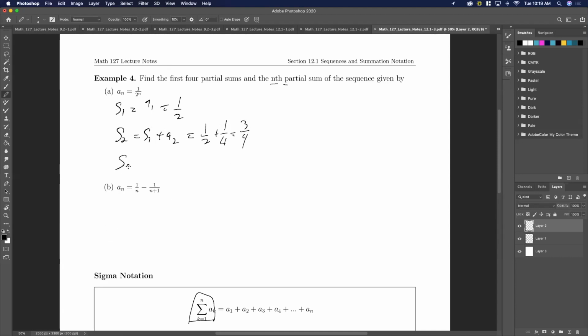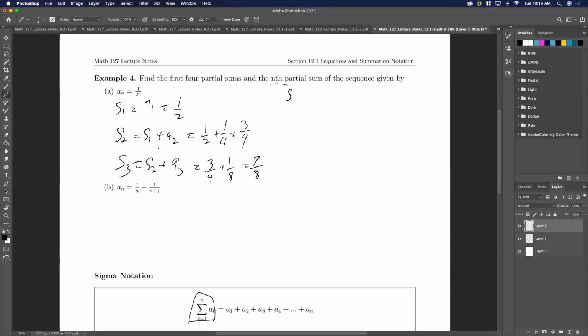Now, if I do S3, notice I can write A1 plus A2 plus A3, or I could just write S2, which I already know is 3/4, right? Plus A3. And so this would be 3/4 plus 1/8. And if I did that, that becomes 7/8.